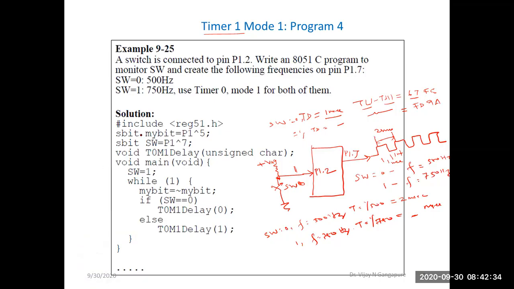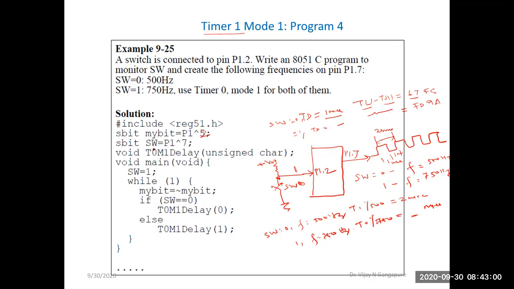Now see the program. Include reg51.h, sbit mybit equal to P1 caret 5. Here it should be P1 caret 2. So I'm just representing pin number 2 of port 1 by using the symbol mybit.